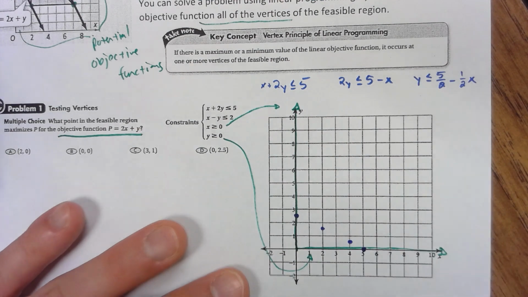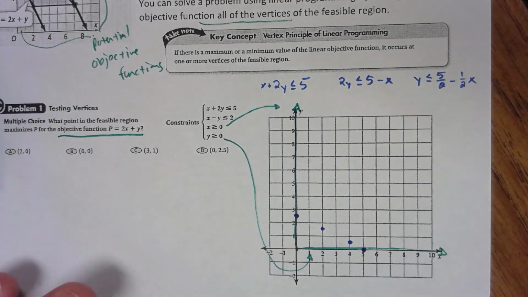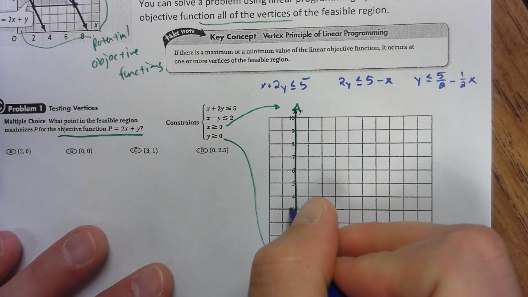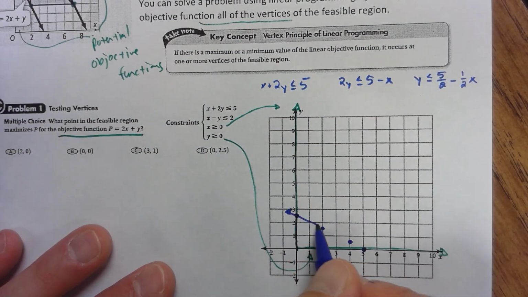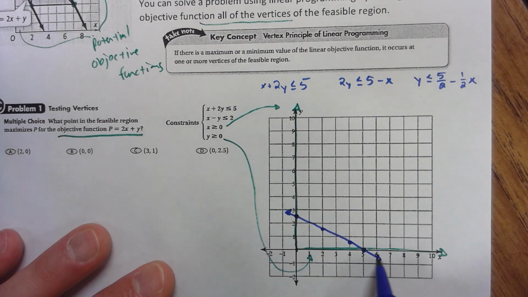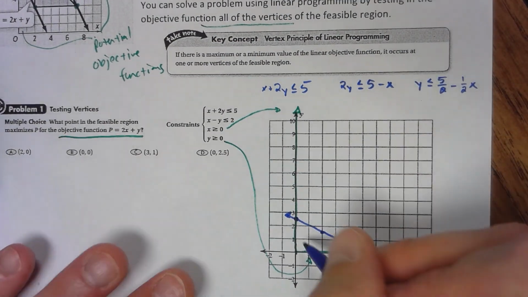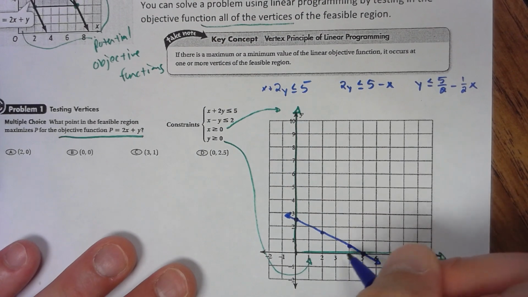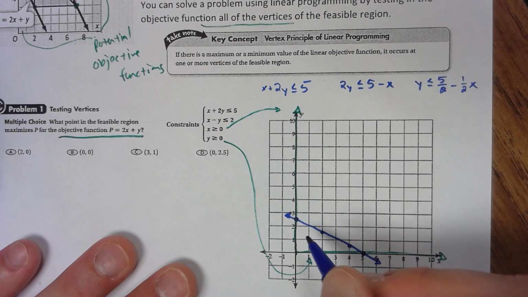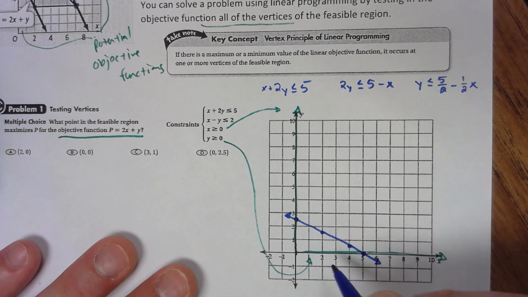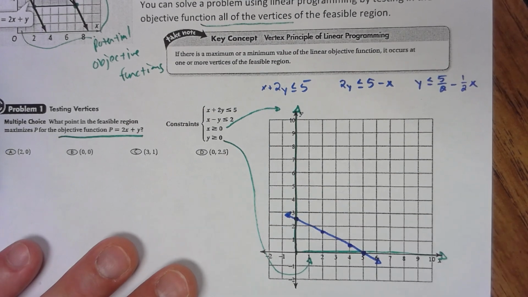That would also work, just to get that point there as well. This is a solid line. And y needs to be less than or equal to this line. So right now, our feasible region is this shaded section, this triangular section created by the axes and the line we just graphed.